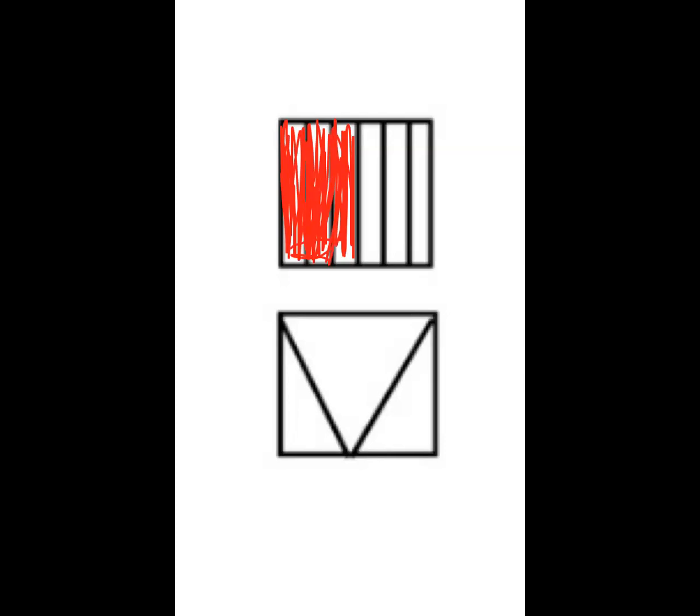Here I have 3 parts, but I can divide it as 4 when I divide like this. So here when I have to shade half, I can shade this whole part.